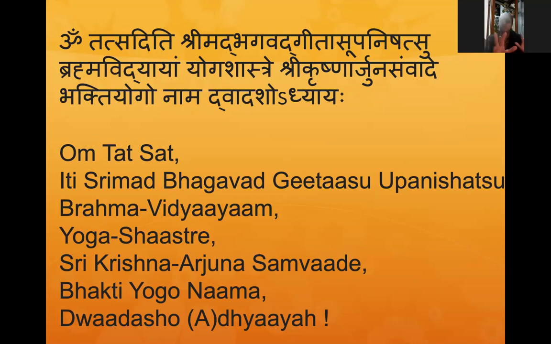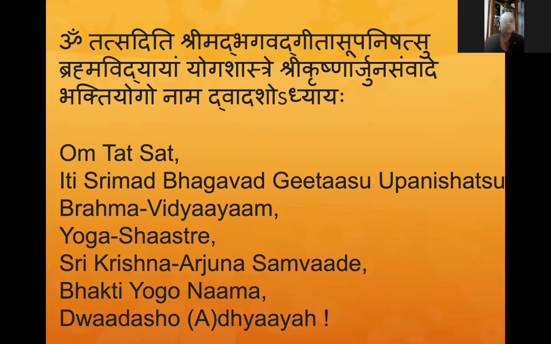This is the essence of these words. It gives a fitting conclusion to the chapter. No matter what chapter of the Gita we are reciting, all the words remain the same. The number will change according to the chapter that you're reciting.